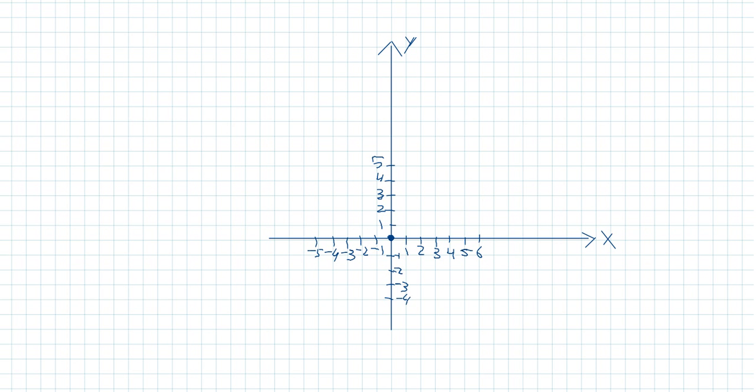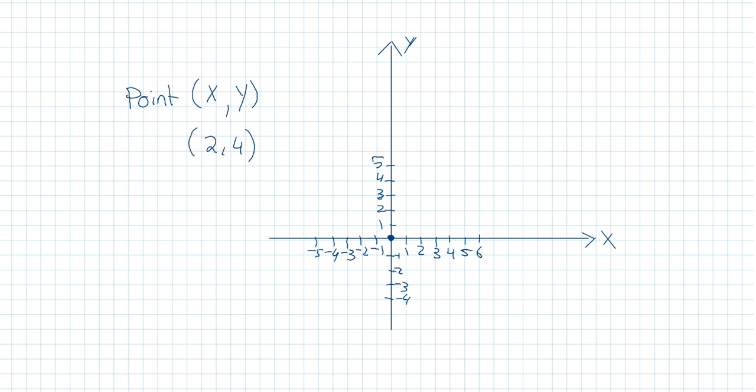If I give you a point, it's going to look like this with a value first and a second value. The first value represents the x, the second value represents the y, always in a point. Okay? So if I give you (2, 4), where would you go? 2 on the x, right?